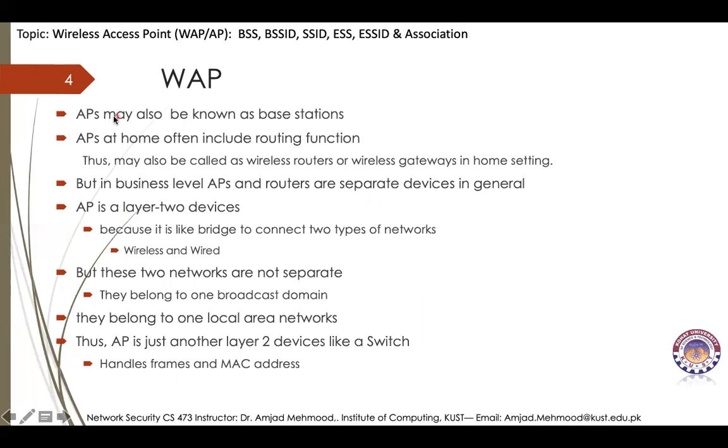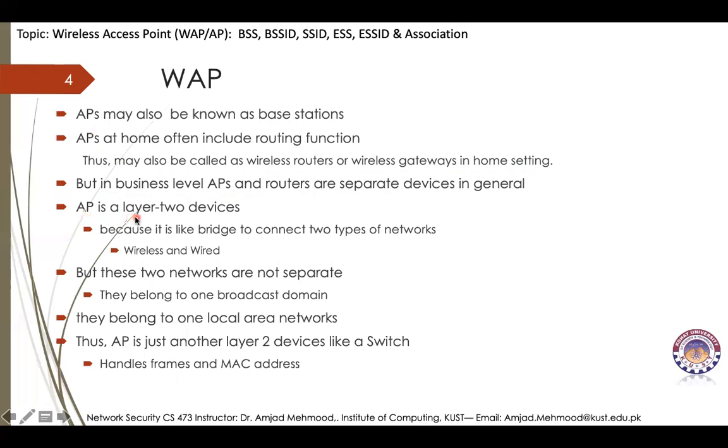Now, WAP. Access points may also be known as base stations. Access points at home often include a routing function, thus may also be called a wireless router or wireless gateway in home settings. But at business level, APs and routers are separate devices in general. I'll discuss that while completing this slide.